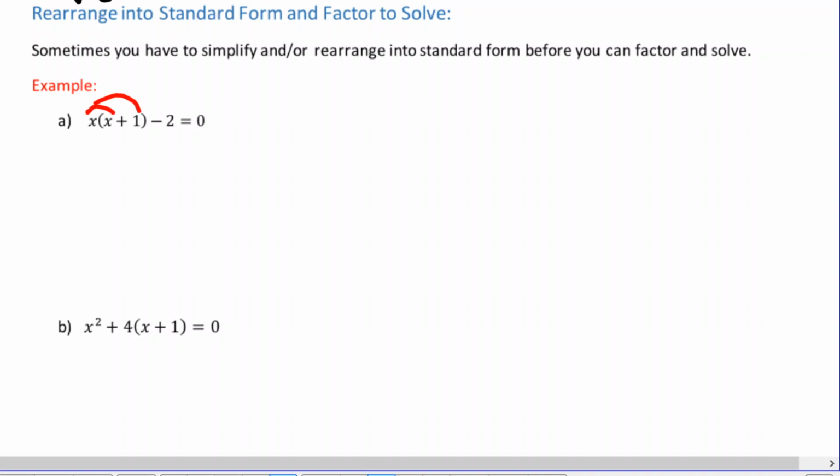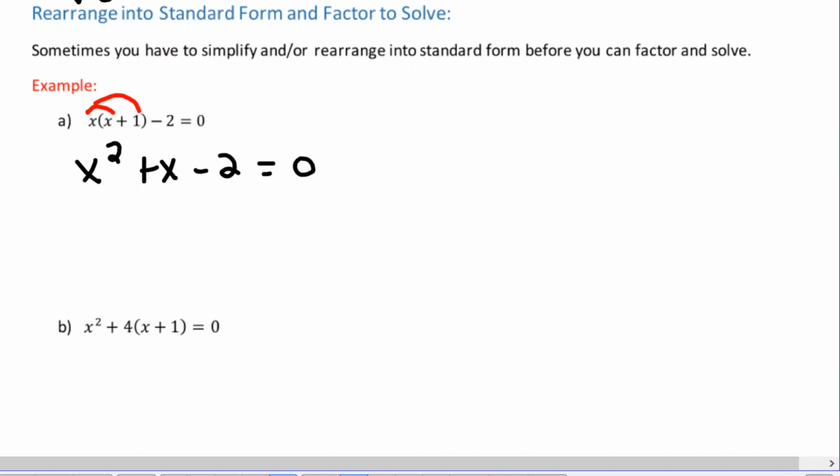I'm going to multiply x times this x plus 1. So x times x is x squared plus x minus 2 equals 0. I only want it to be factored if it's fully factored. And this time we left the 2 outside. He was all by himself. That's not how I want to leave this.